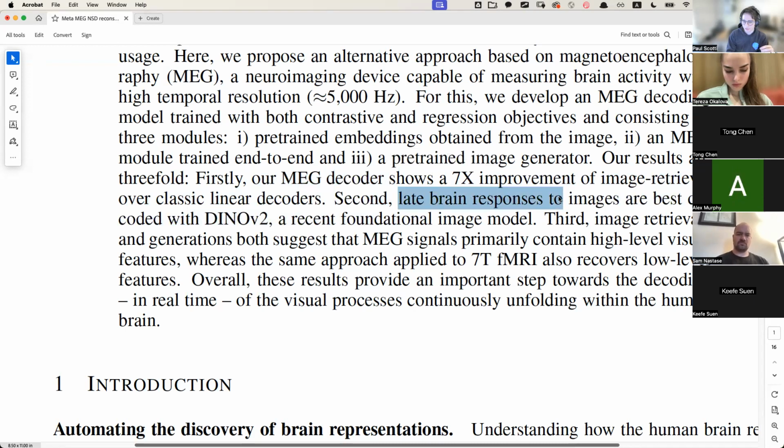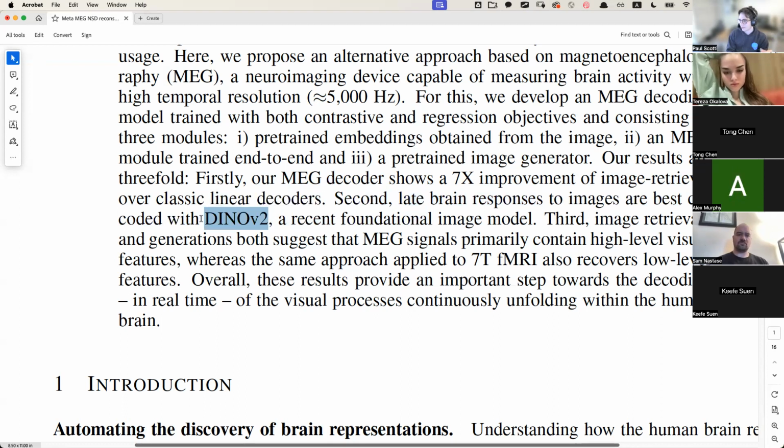They say late brain responses to images are best decoded with Dino V2, but they're not decoding the brain responses, right? They're still decoding the images. And I'm not sure also why they specifically talk about late, because I think by that, they're just talking about the fact that it's like category level of signal that's being used for the retrieval. So basically, my understanding is they're just saying that Dino V2 worked the best for retrieval.